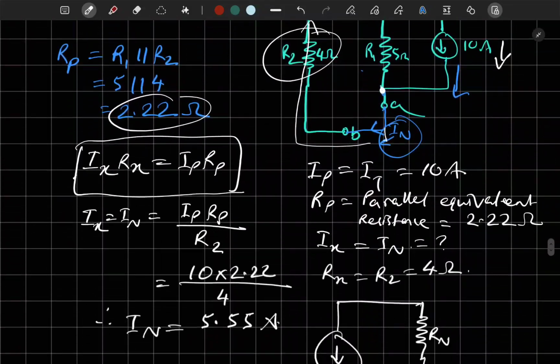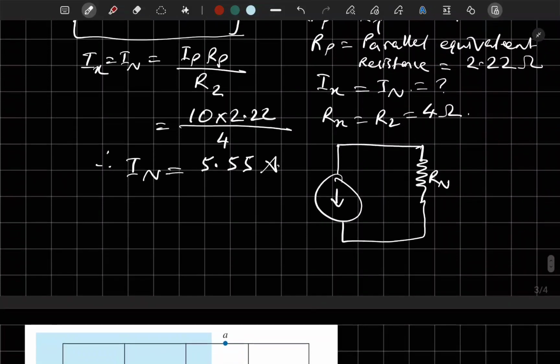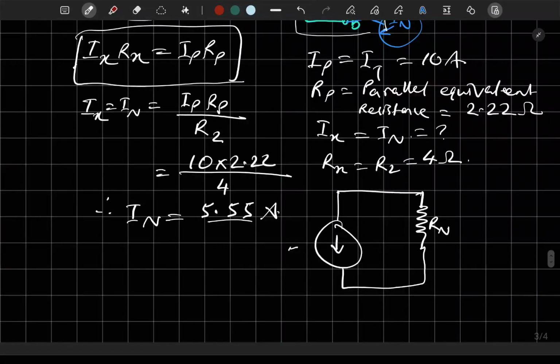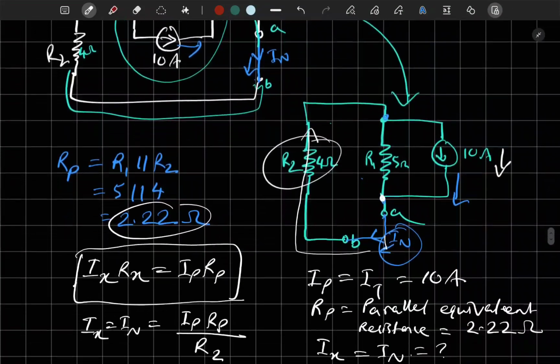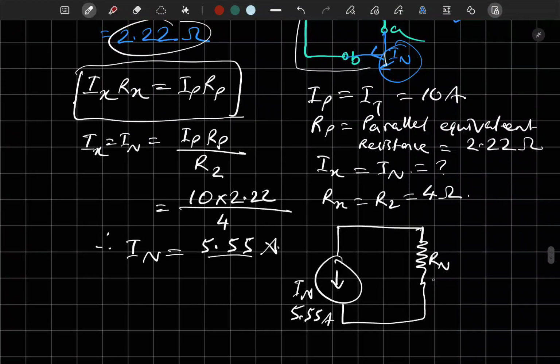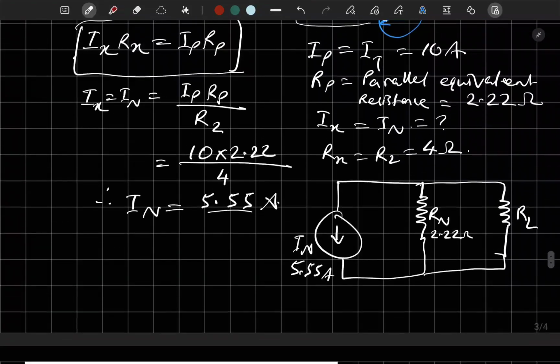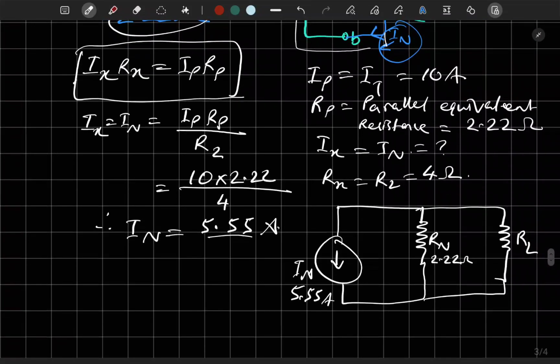Here IN is 5.55 amperes, and Rn was 2.22 ohms. And we will have RL here. The value of RL does not matter. Okay, so that's the equivalent Norton's circuit.